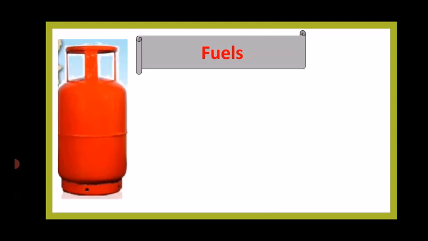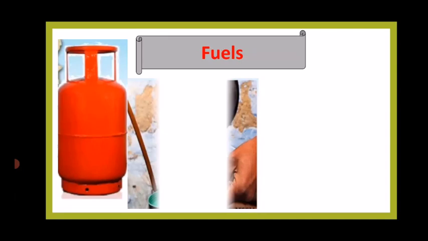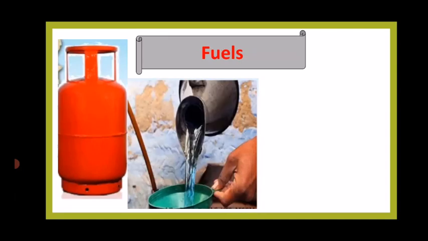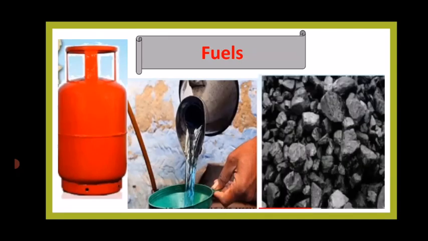Just like water comes into your house in pipes, you have the gas also coming into your house in pipes. Okay. Then we make use of kerosene in some places. Some other places we make use of charcoal also for cooking. Okay, so all these things which are used in order to create heat for cooking food are called fuels. These are the different kinds of fuels.